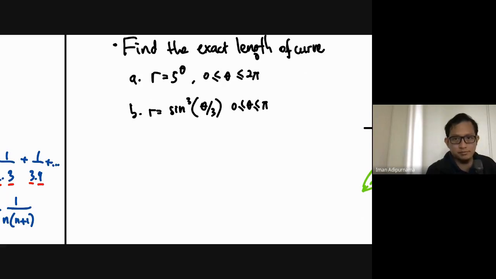The answer is a little bit complex, but how to solve it is actually not too difficult.